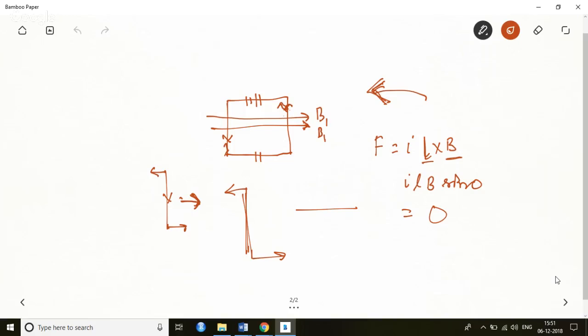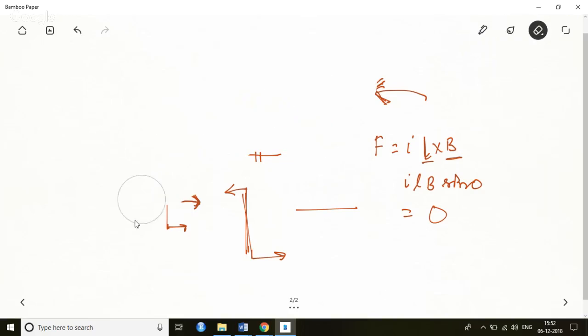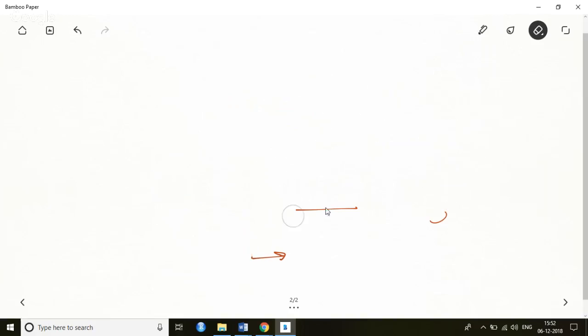So let me make the diagram for electromagnetic induction. Till now what we have studied is that whenever a current carrying conductor is placed inside a magnetic field, a force is applied on the conductor.